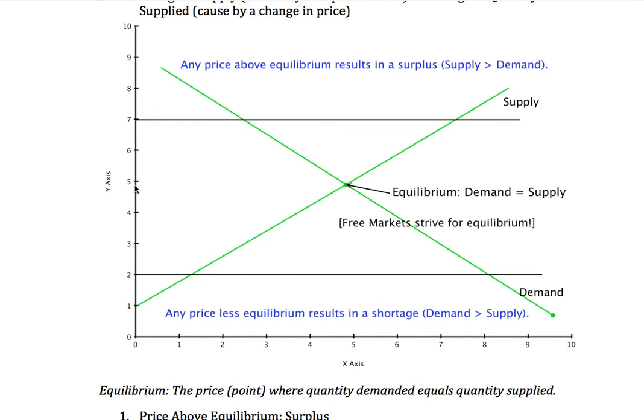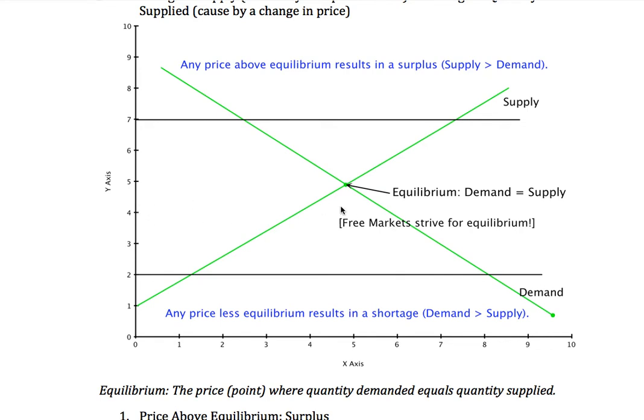If price goes from 5 to 7, what happens to demand? Our quantity demanded will go from 5, we'll say, to 3, which makes perfect sense. Law of demand, there's an inverse relationship.